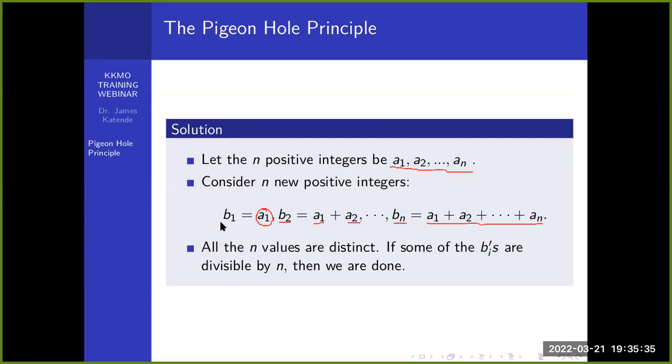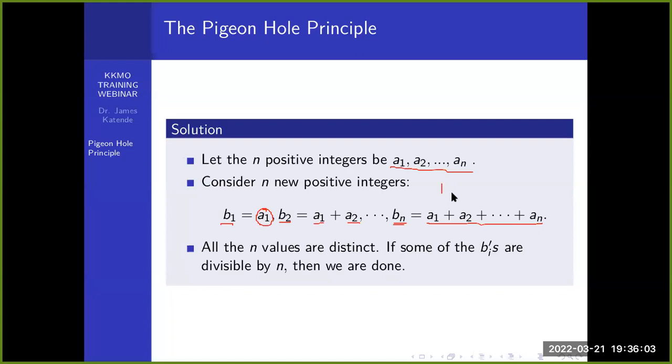Okay. So because these are all positive numbers, B1, B2, all the way up to Bn are distinct numbers. They are all different. So B1 cannot be equal to B2. It's not possible because I have added A2 to A1 to get B2, and A2 is positive, so B1 is not equal to B2. In fact, this is a strictly increasing sequence of numbers.